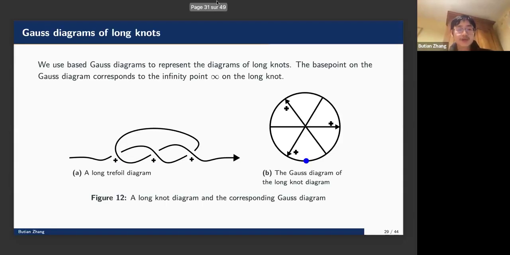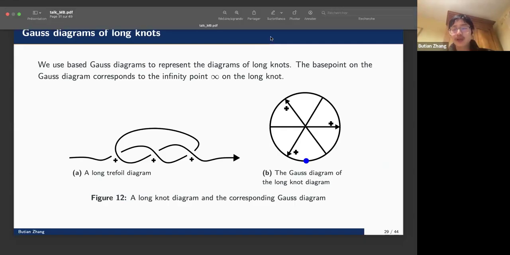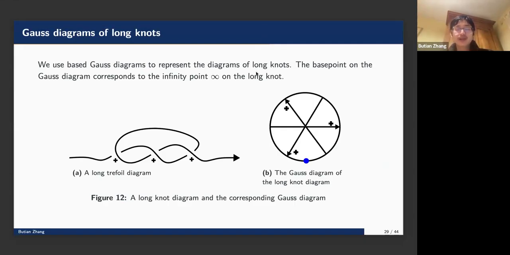I shall talk about how we construct these one cocycles. These one cocycles are constructed using Gauss diagrams. That is to say, we have to give a weight function for the R3 moves. The weight function here is described by a Gauss diagram formula or some extended Gauss diagram formula.